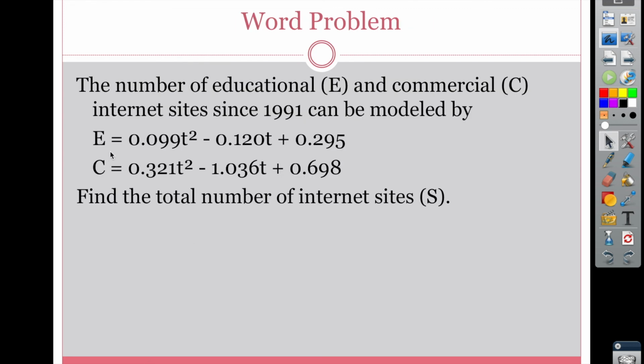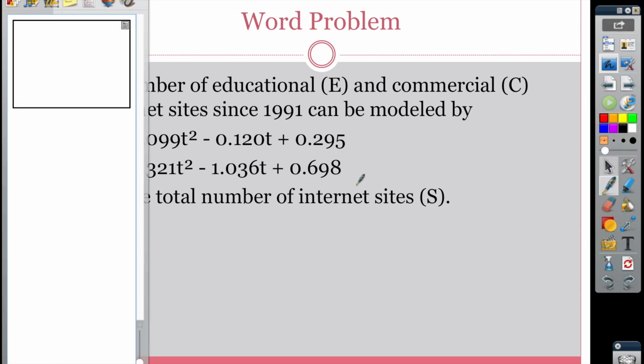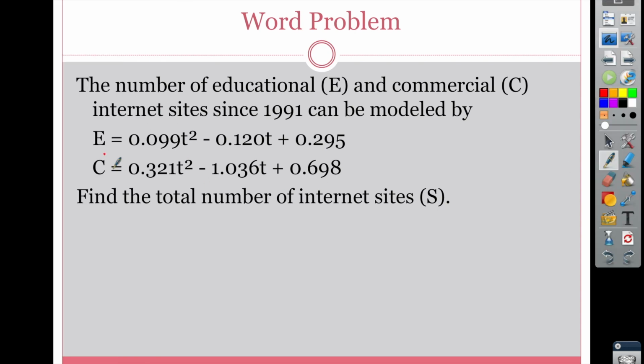The number of educational and commercial internet sites since 1991 can be modeled by the equations below. Find the total number of internet sites, S. So what I'm going to do is add like terms.